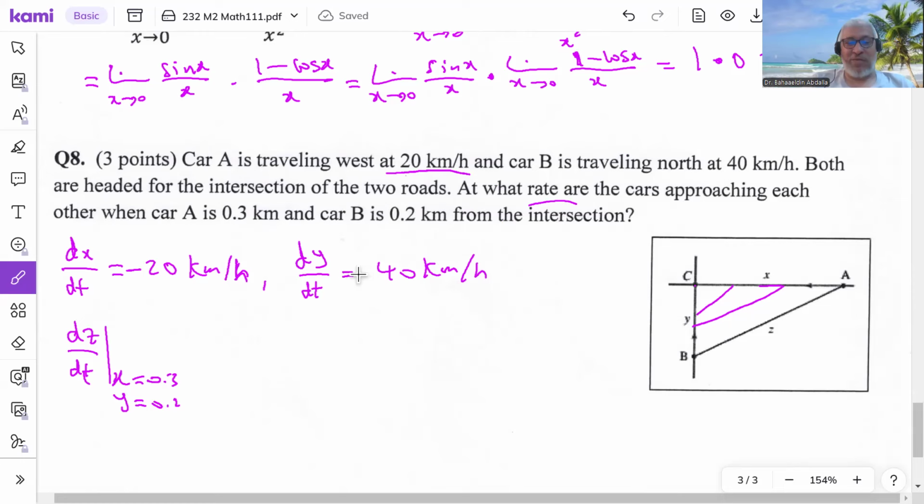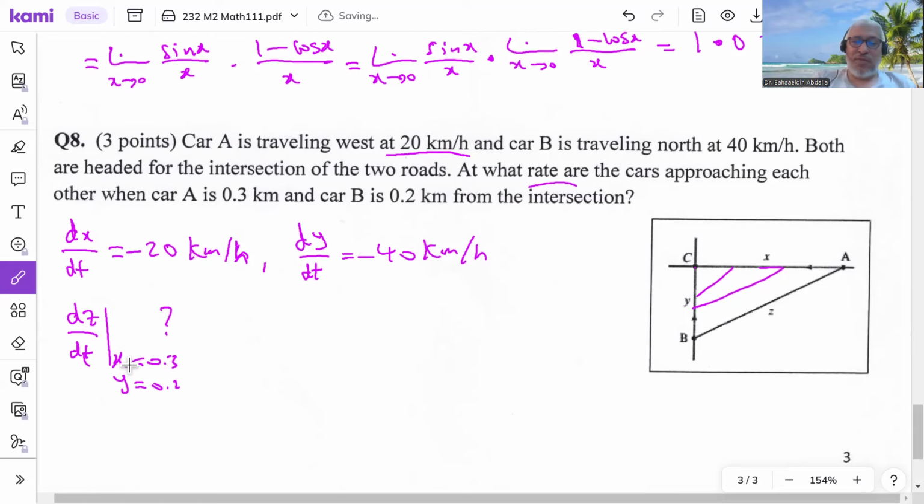So there should be a negative sign here. And also z, the distance between the two cars, is decreasing as the two cars move toward the intersection. So the answer here would be negative.